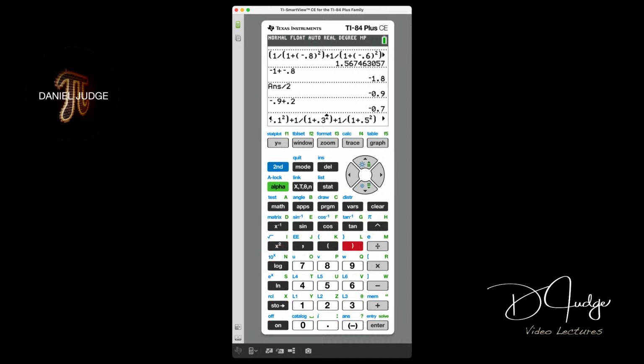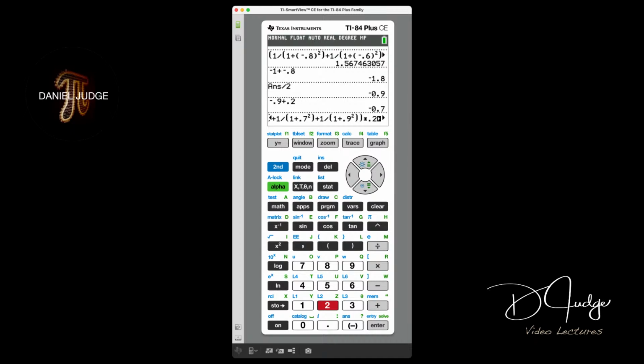Close it. Plus 1 divided by 1 plus 0.7. Square this. And we're at the last one. Plus 1 divided by 1 plus 0.9. Square that. Close it twice. And then multiply by delta x, which is 0.2.